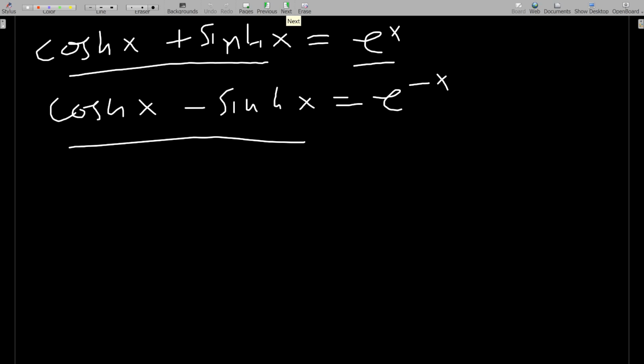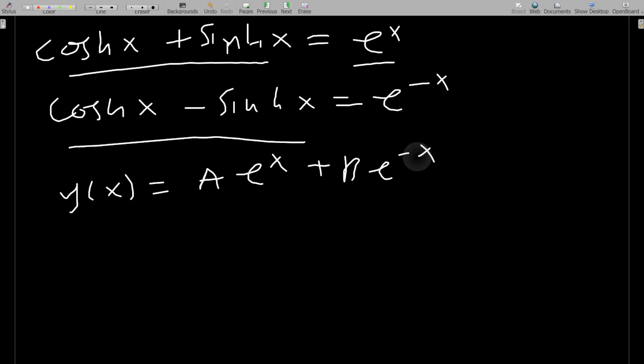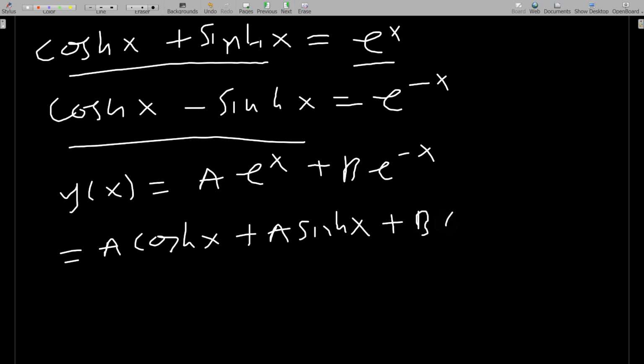So you have y of x equals, let's say, a e to the x plus b e to the negative x, and you know e to the x is that, e to the negative x is that. So y of x is a cosh x plus a sinh x, then plus b cosh x minus b sinh x.